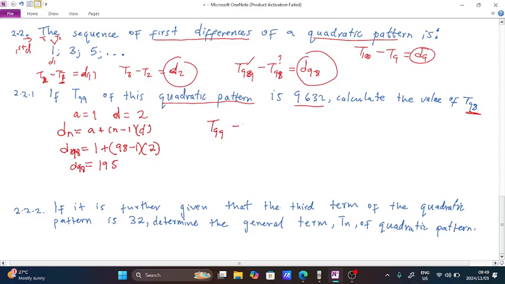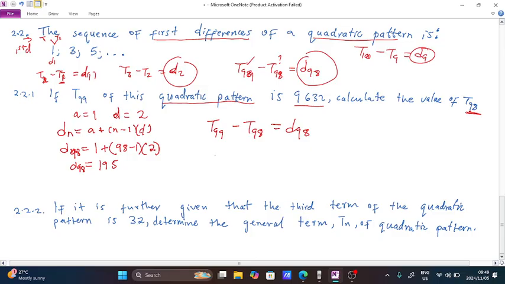T99 minus T98 equals difference number 98. That's when you are given the first difference. So you must understand the relationship between the original, the first difference, and the other one.